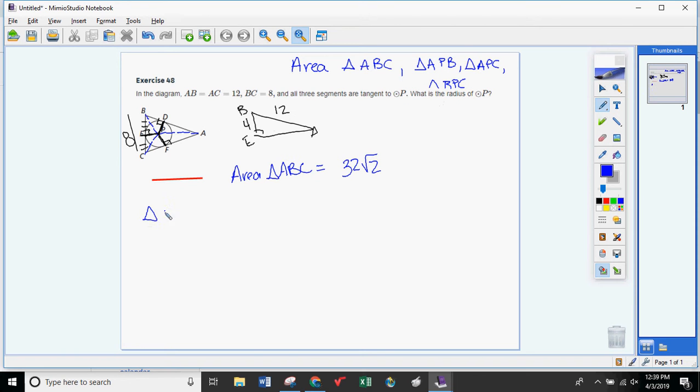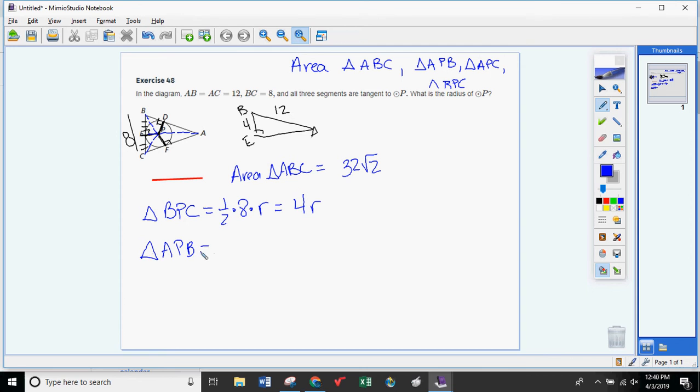Now what I'm going to do is find the area of the smaller triangles. So let's start with triangle BPC. The base is 8, so it's 1/2 times 8, but the height is the radius, is what I don't know. Half of 8 is 4, so the area of this is 4R.